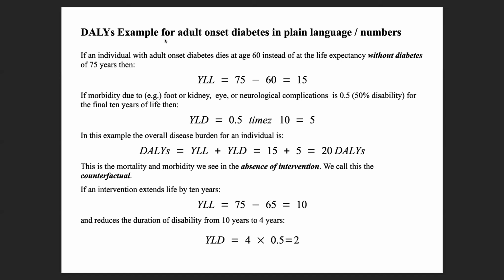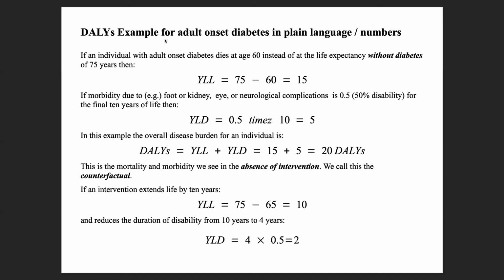And then if we say the morbidity due to kidney, eye, and neurological complications associated with diabetes is a 0.5 disability weight for the final 10 years of life, then we have 0.5 times 10 is 5 years living with disability, or 10 years living with a disability of 0.5.